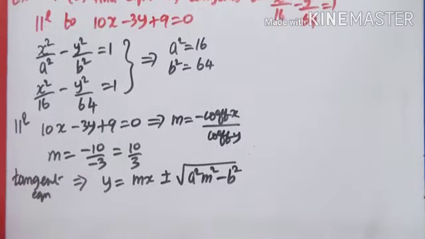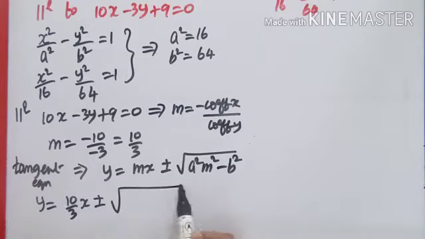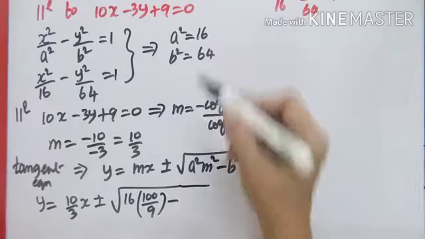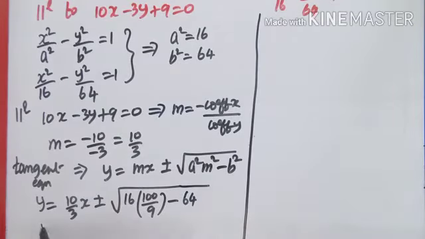Let us substitute all that we know. y equals mx, 10 by 3x, plus or minus root of a square 16, m square 100 by 9 squaring, this, minus b square is 64. This is y equals 10 by 3x plus or minus root of 1600 minus 9 into 64, the whole thing divided by 9.